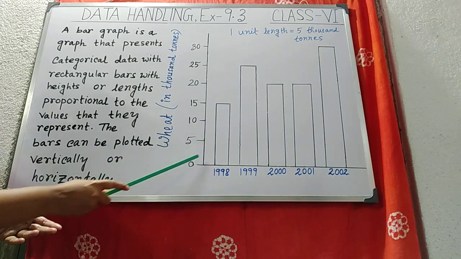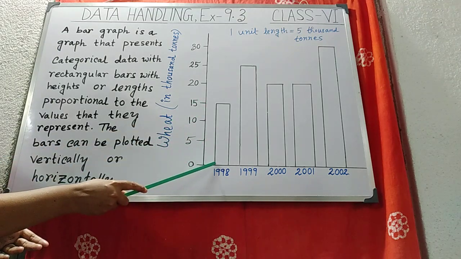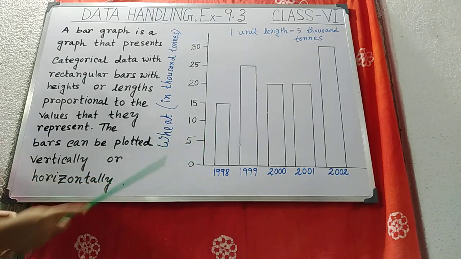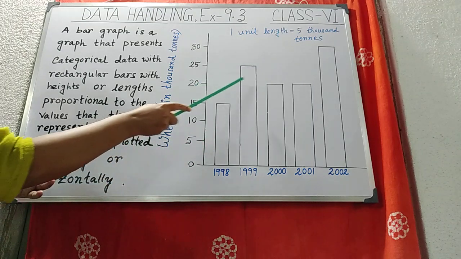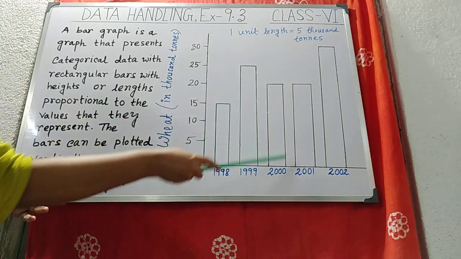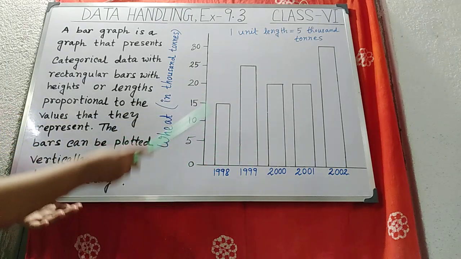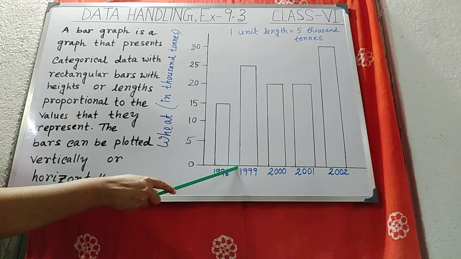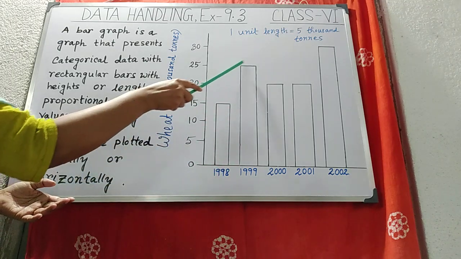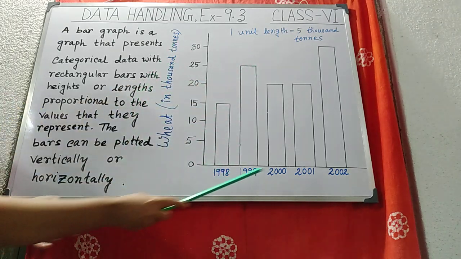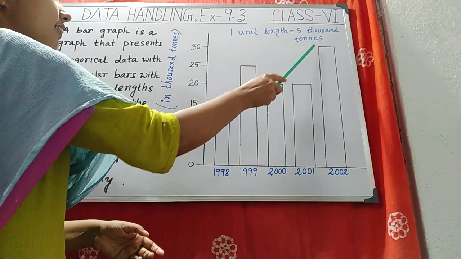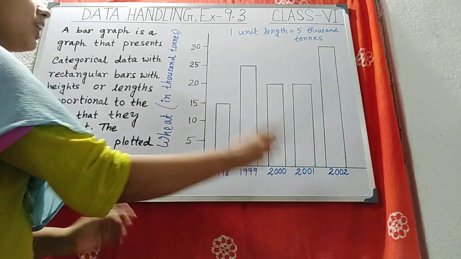If the value is 15, the bar will be from 0 to this. For 20, the bar will be up to this. We can see 2 bars having height 20. For height 25, it will start from 0 to this. And for 30, it will start from 0 and its height will be up to this.